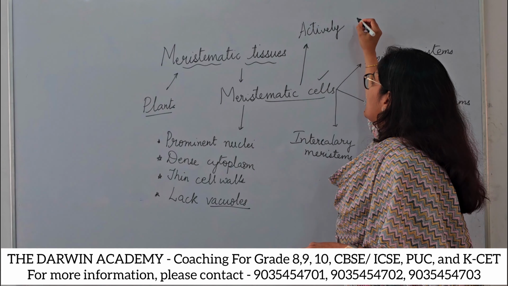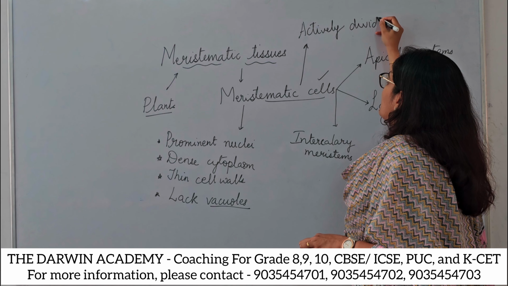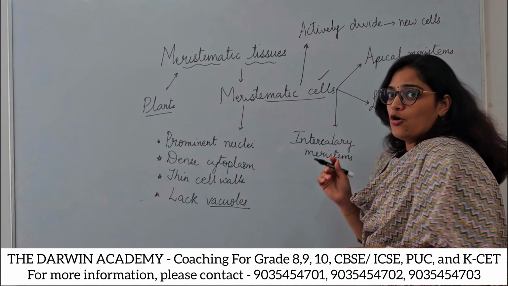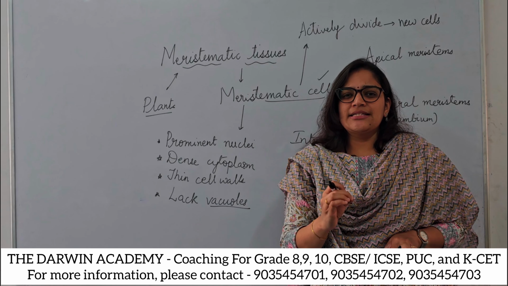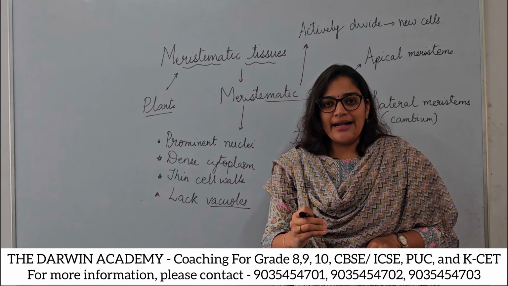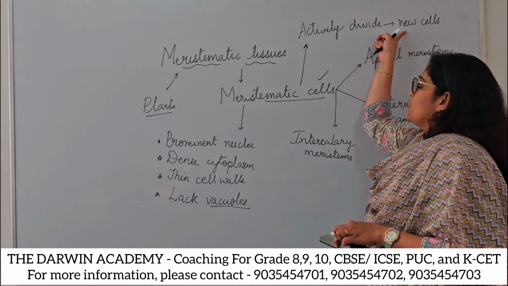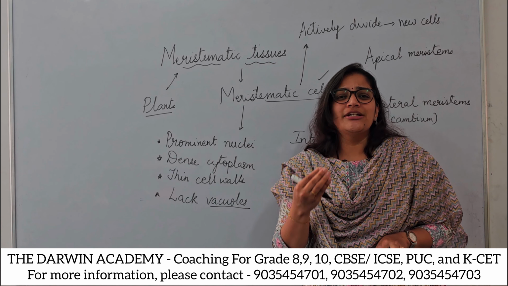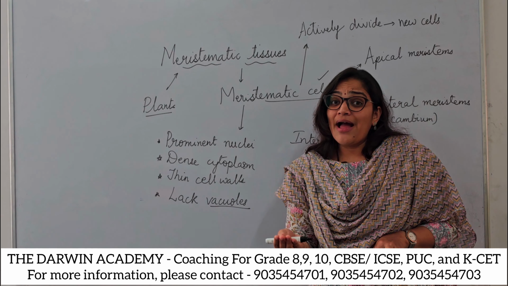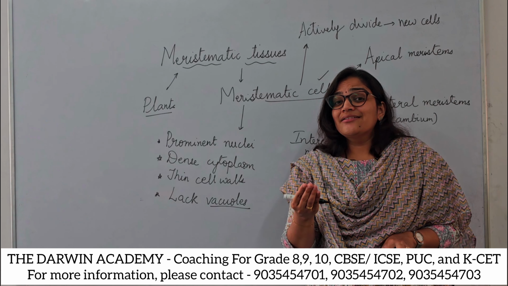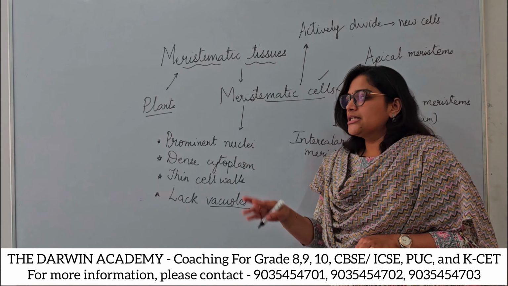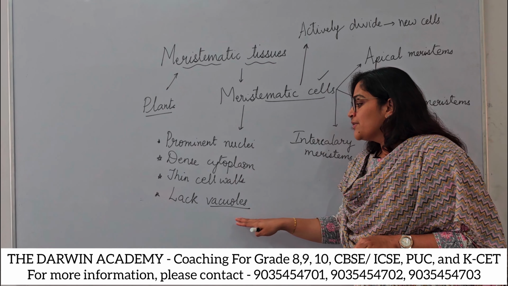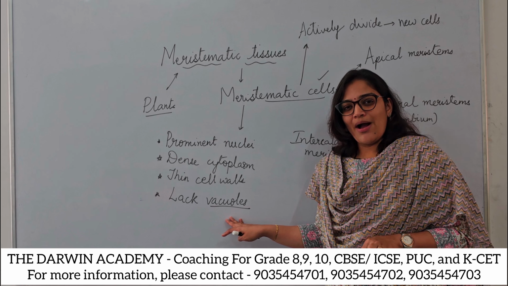So they keep on dividing to produce new cells. I hope I'm clear. Meristematic cells keep dividing actively to produce new cells. That's the reason they don't want their cells to be rigid and turgid, and also the vacuoles actually act as storage organs, isn't it? But these meristematic cells don't need any of that. That's the reason the meristematic cells lack vacuoles.